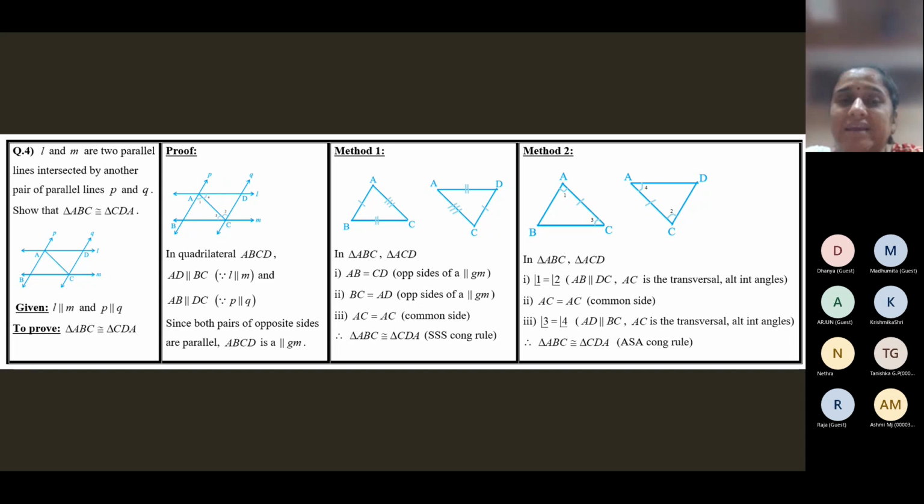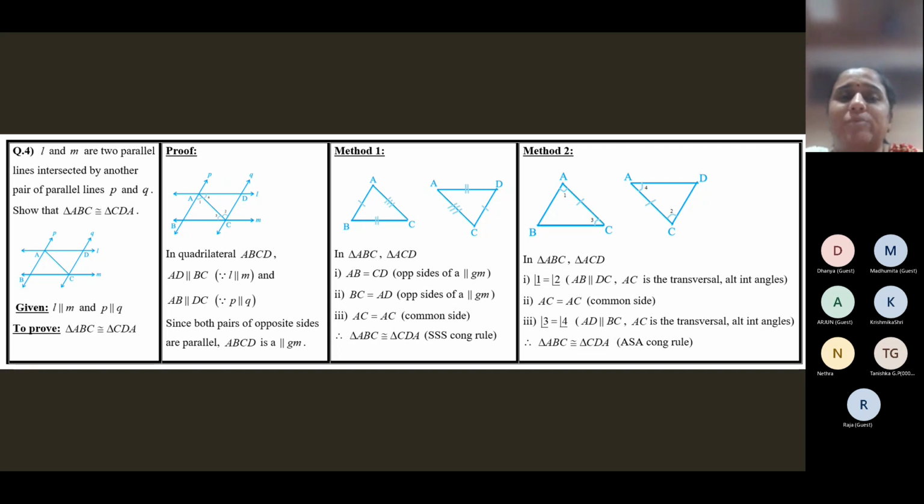So when you have parallel lines, you find alternate interior angles. So you can use them. That information may not be given, but you can get all that because you have parallel lines. And when you prove it's a parallelogram, how do you show that a quadrilateral is a parallelogram?